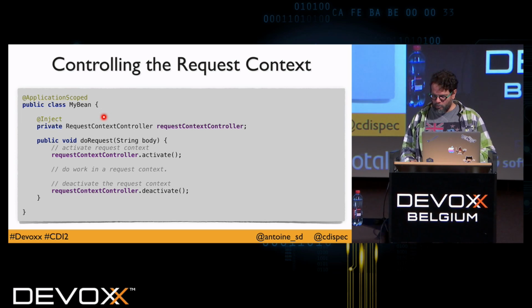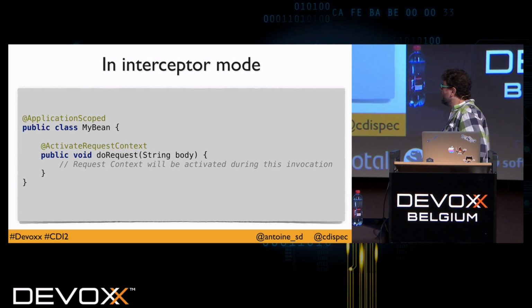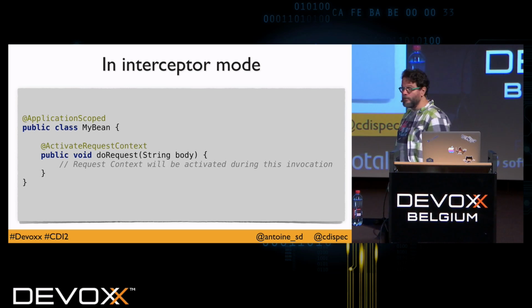So we have a built-in bean allowing you to decide when you activate the request context and when you deactivate it. So it allows you to do that manually, programmatically in your code. And you can also do that through an interceptor. So here we are activating the context only for the invocation of this method here.